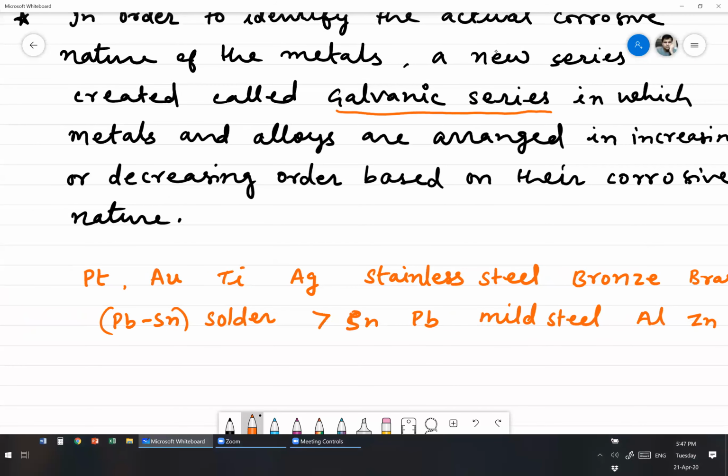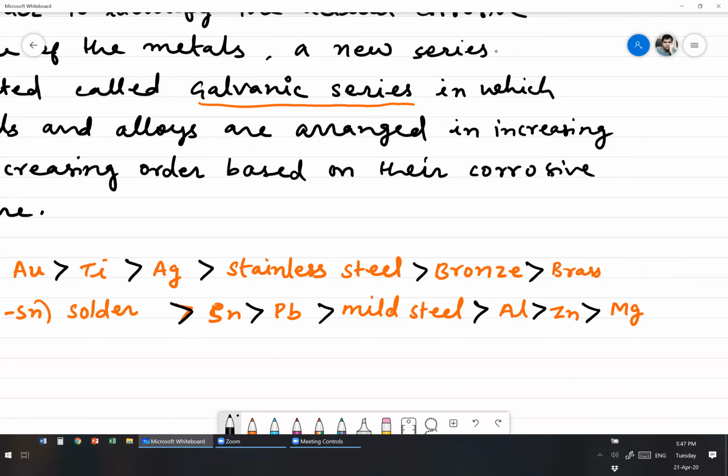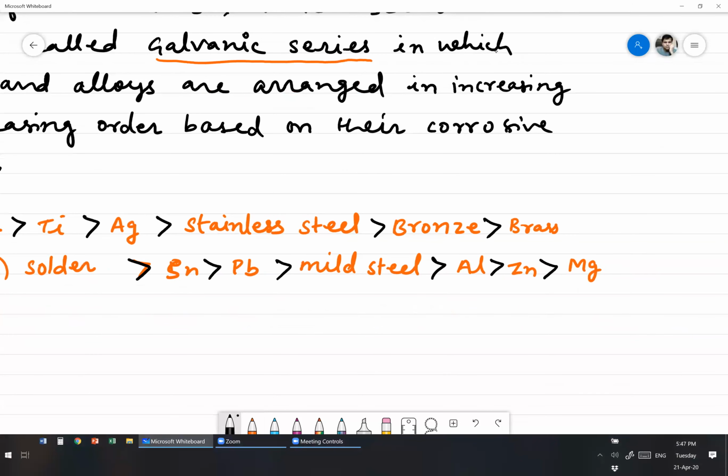Magnesium metal has the highest tendency of corrosion, to get corroded. This is the most corrosive metal. It has the lowest reduction potential.